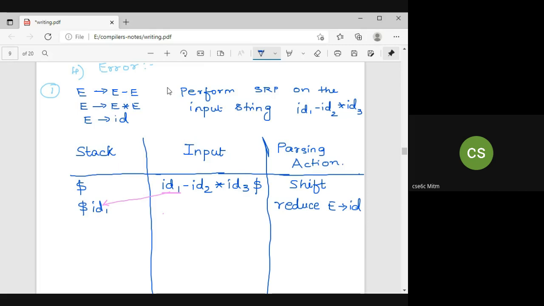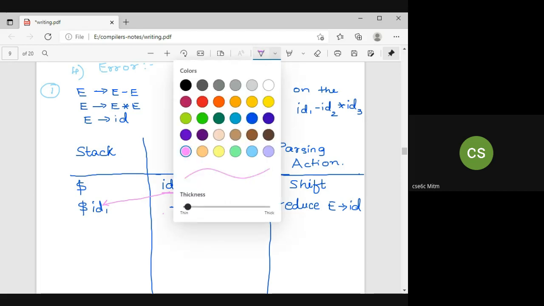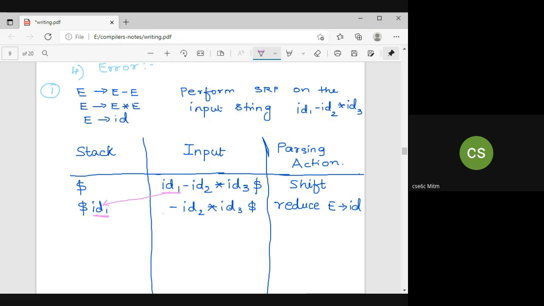After shifting this here, the remaining input string is written here. So now in the next step, very easy, this ID1 that you have recognized is going to be reduced by the non-terminal E. So the string and the body should match, and the string is reduced to the capital letter, that is the non-terminal.